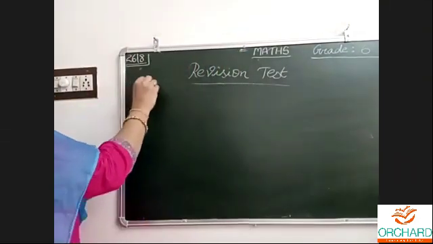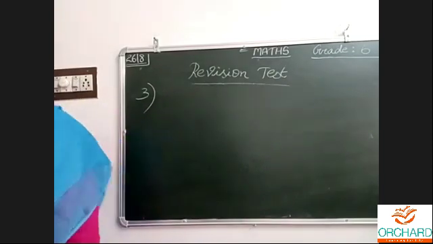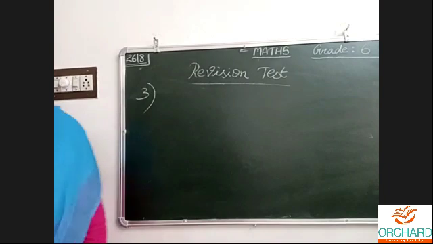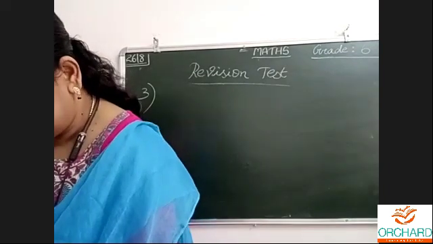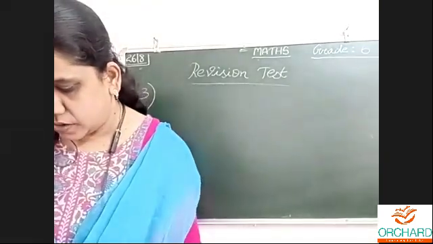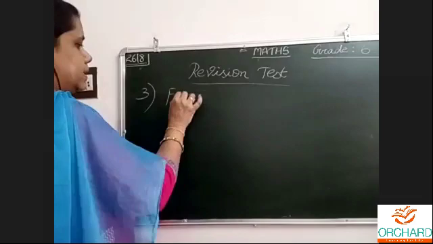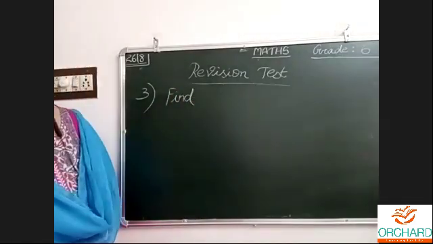Question number 3. Find whether this number, 48,90,184, is divisible by 6 or not. No need to write the question, start doing.